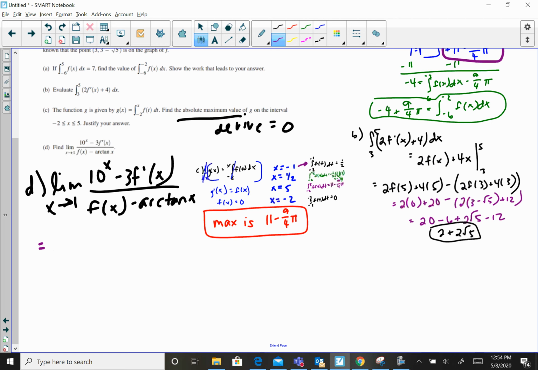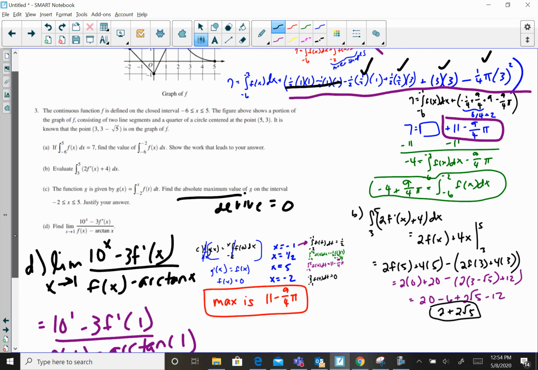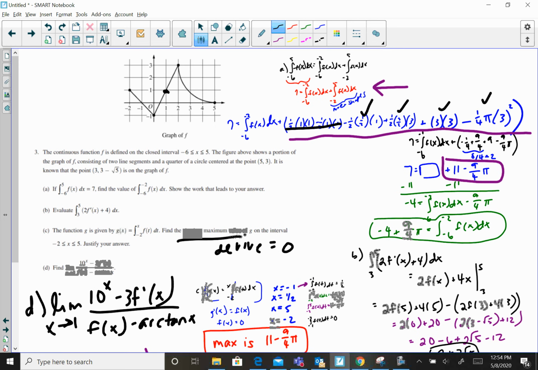I'm going to plug in 1 and see what I get. 10 to the first minus 3 f prime of 1 over f of 1 minus arctan of 1. So let's see what we got. 10 to the first is 10 minus, can I read what f prime of 1 is? Yes, I can just take the slope there.